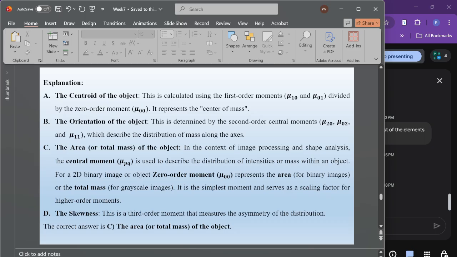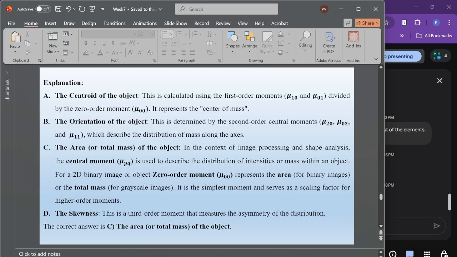Option C is the area or total mass of the object. In the context of image processing and shape analysis, the central moment mu pq is used to describe the distribution of intensities or mass within an object.